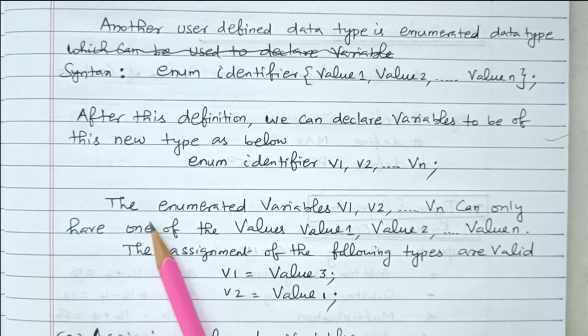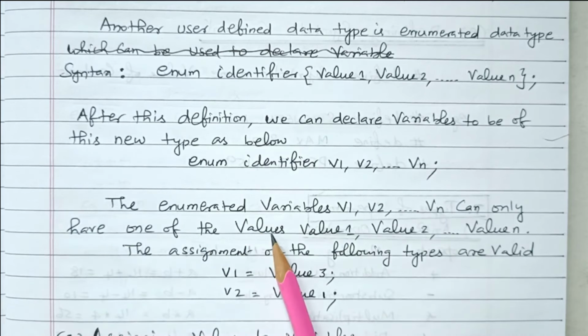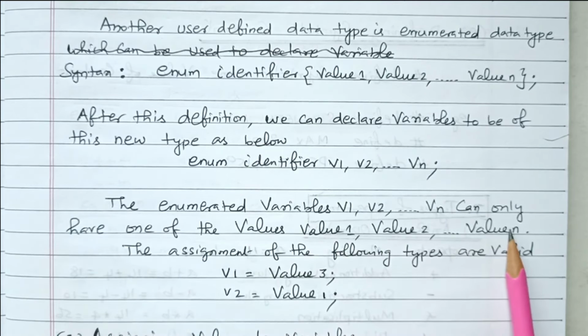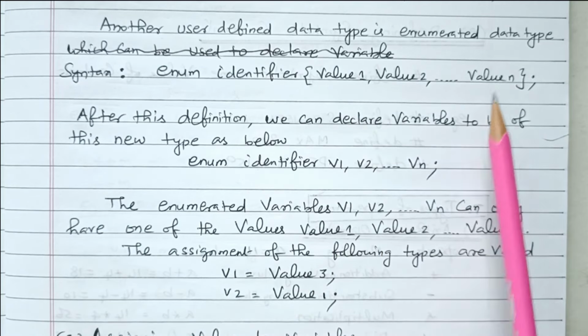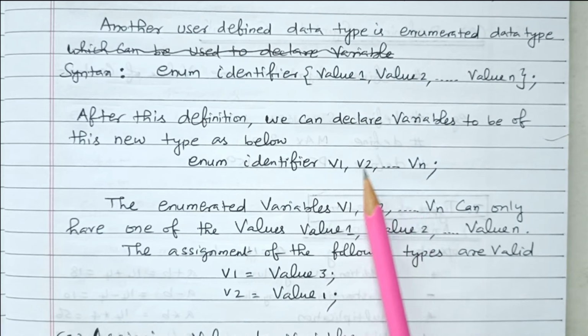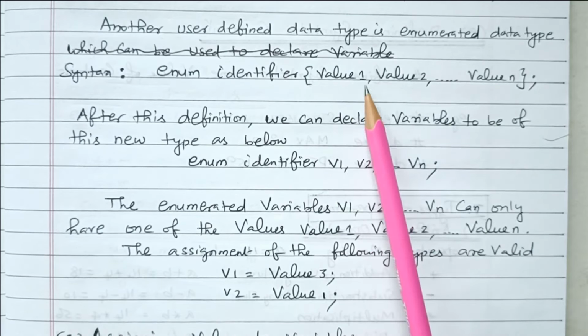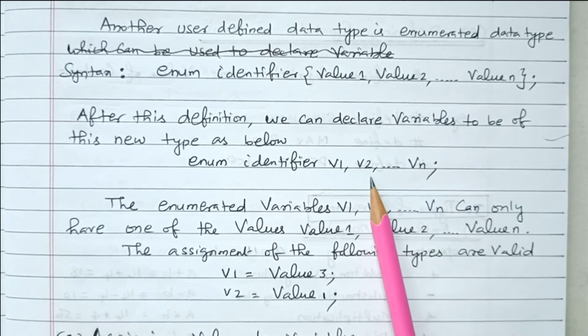The enumerated variables v1, v2, vn can only have one of the values, value1, value2 or valuen. The assignment of the following data is valid: value3 to v1, value1 to v2, any value, right? Here a set of values is available, and a set of variables is available. Any one value can be stored, but values other than these cannot be stored. So this comes under the enumerator.